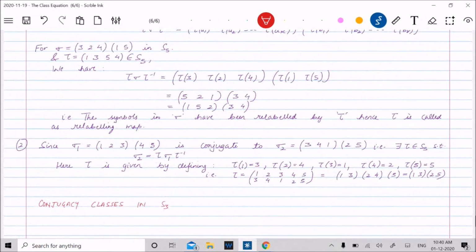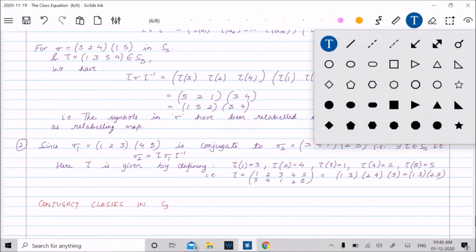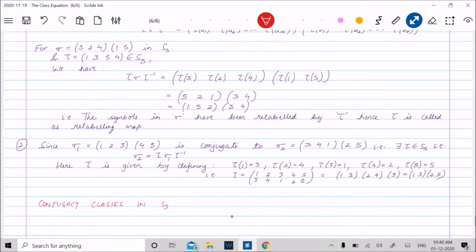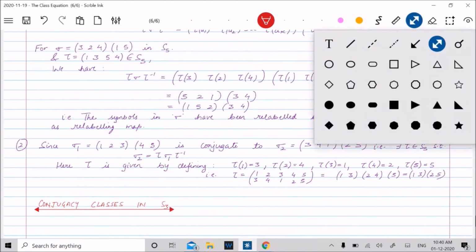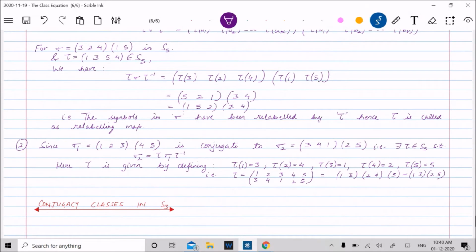So specifically, how many elements does S3 have? Madhu? Sir, please repeat this. How many elements does S3 have? 6.